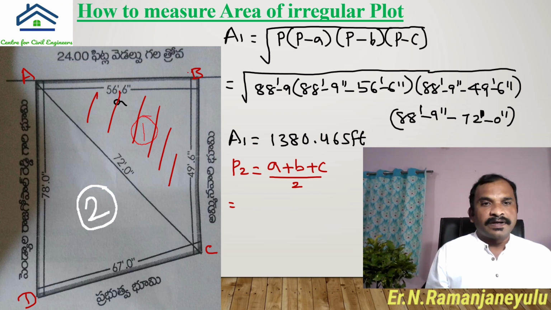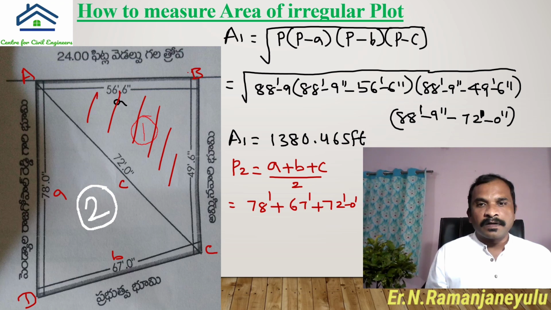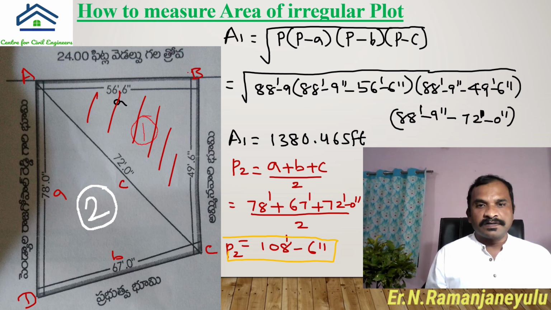Here a is 78 feet, plus b is 67 feet, plus c is 72 feet, divided by 2. The total value is 108 feet 6 inches. This is perimeter 2.